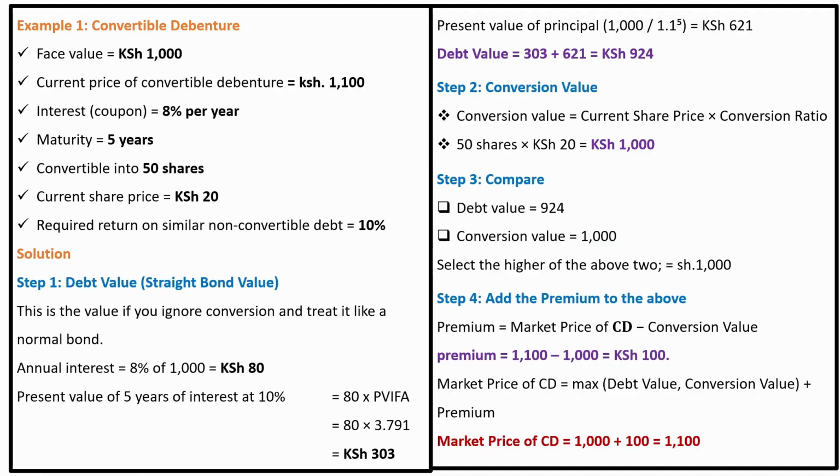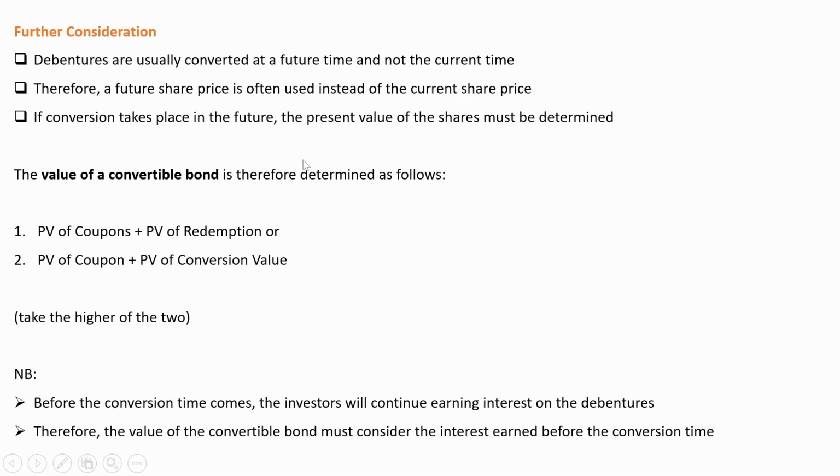Another twist in an exam is the conversion may be taking place in the future, not at the current time. So you may not have to use the current share price, but instead you use the price as at the time when conversion is taking place. So let us look at that one further. So here we have some aspects that we need to understand, further consideration.